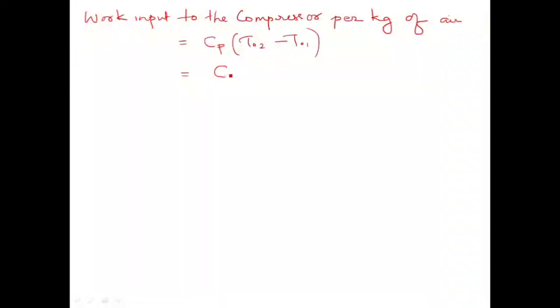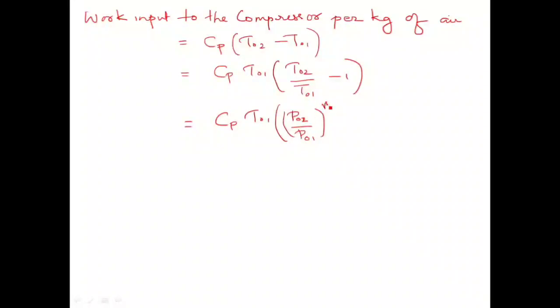If we take T01 outside, T02 by T01 minus 1. So Cp into T01 into, where T02 by T01 is P02 by P01 all raised to gamma minus 1 by gamma, minus 1. So this is the equation for work input to the compressor per kilogram of air.